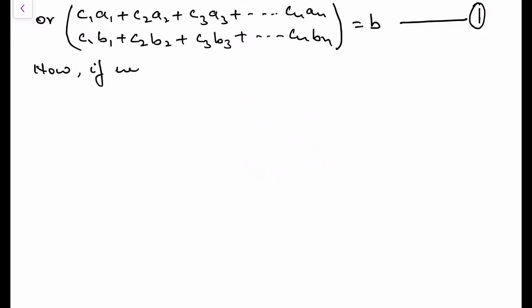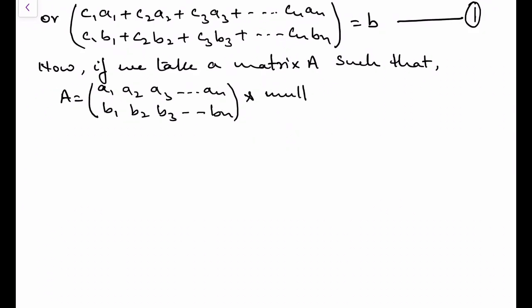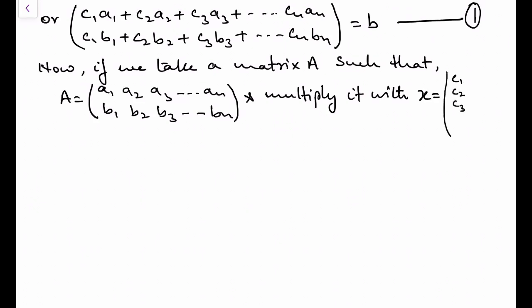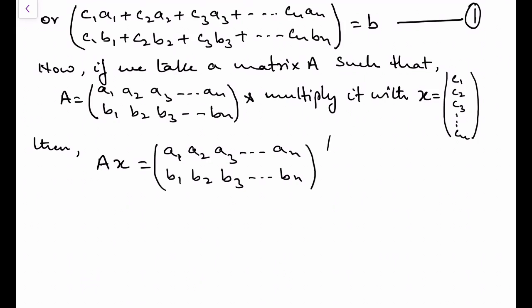Now if we take a matrix A such that its first row is a1, a2, a3 up to an, and second row is b1, b2, b3 up to bn, and then multiply it with x, that is (c1, c2, c3 up to cn), then Ax is equal to the matrix with rows (a1, a2, a3 up to an) and (b1, b2, b3 up to bn) times (c1, c2, c3 up to cn).